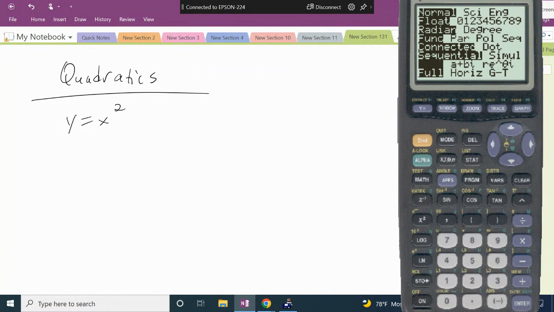And when you graph a quadratic equation, there are one or two graphs it can produce. It can either produce a U-shaped graph, or it could produce an upside down U-shaped graph. Now there's something special about these, and these are called parabolas, or U-shaped graphs.